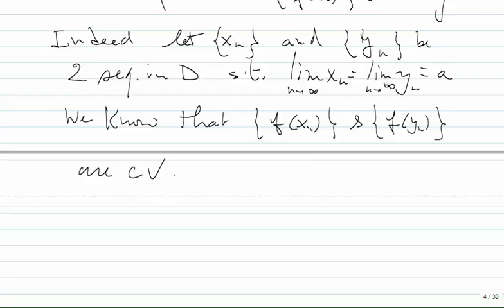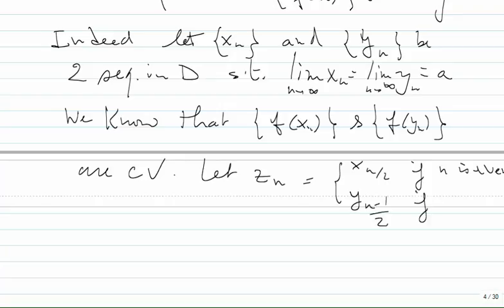And to do that, we introduce a new sequence zn equal to x n over 2 if n is even, and y n plus 1 over 2 if n is odd.